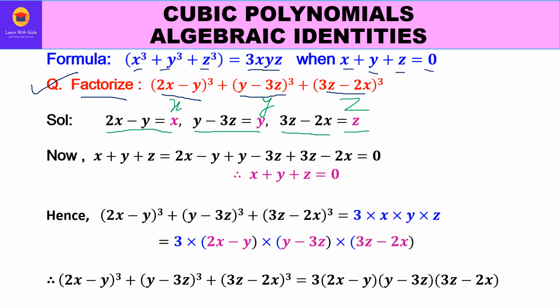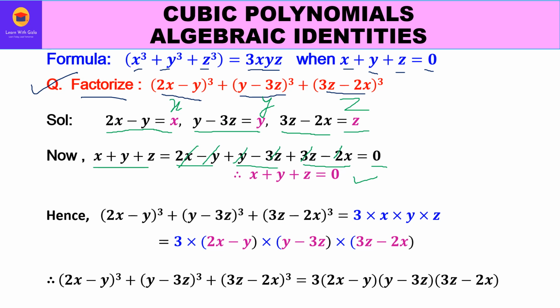Now let us see whether x plus y plus z is coming 0 or not. x is 2x minus y, y is y minus 3z, and z is 3z minus 2x. If you observe, all of this will cancel: 2x with minus 2x, minus y with plus y, minus 3z and plus 3z. All are cancelling and you are left with 0.